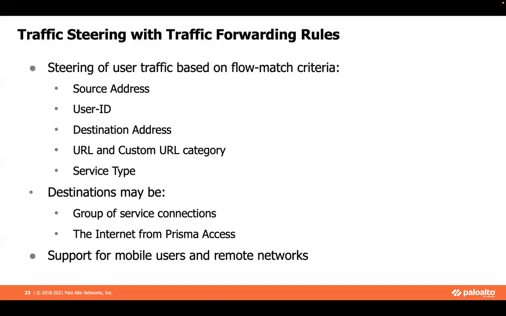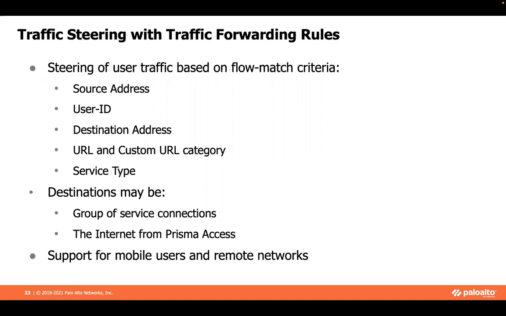So we take care of users and we say, hey, you know what? If you're Bob, you go in this direction. If you're Mary or Tom or Bill, you go in this other direction. We do it by destination addresses. Even so, for instance, we say, well, if you're going to Google, go straight out to the internet.